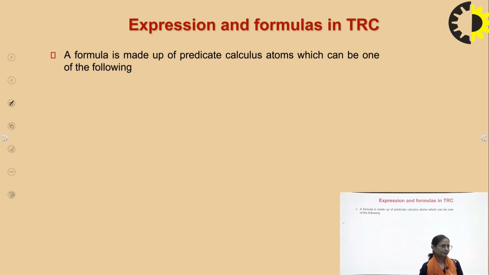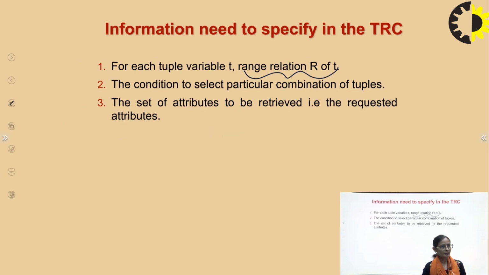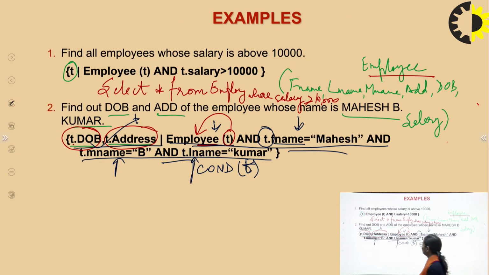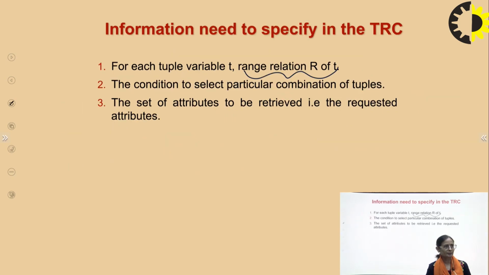So a formula, when we say a formula, is made up of predicate calculus atoms, which can be one of the following. In the case of this particular query, what is happening? This is an atom, here it is acting as an atom. So these are my atoms.